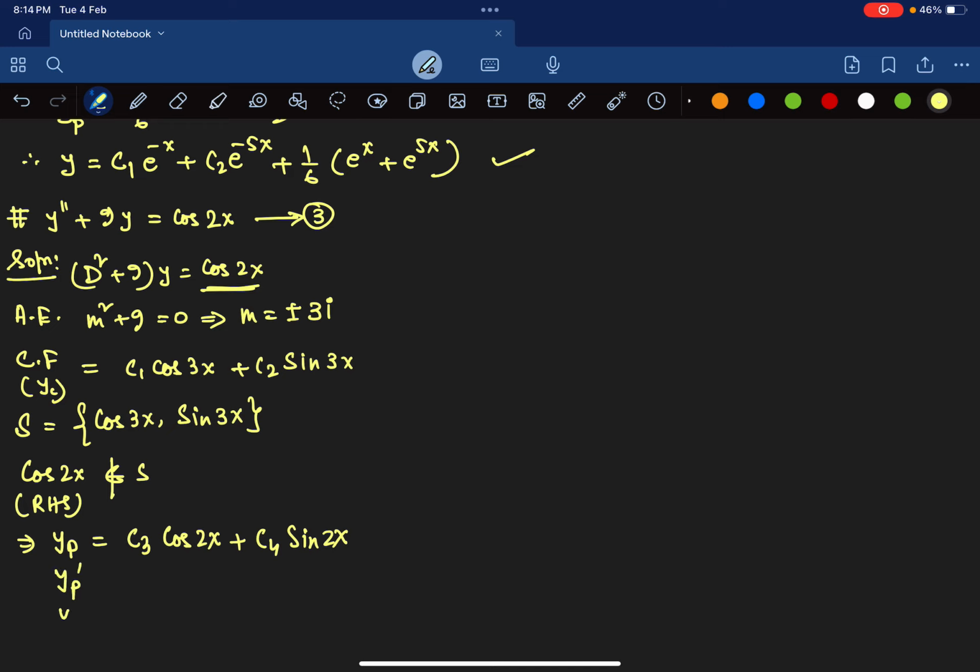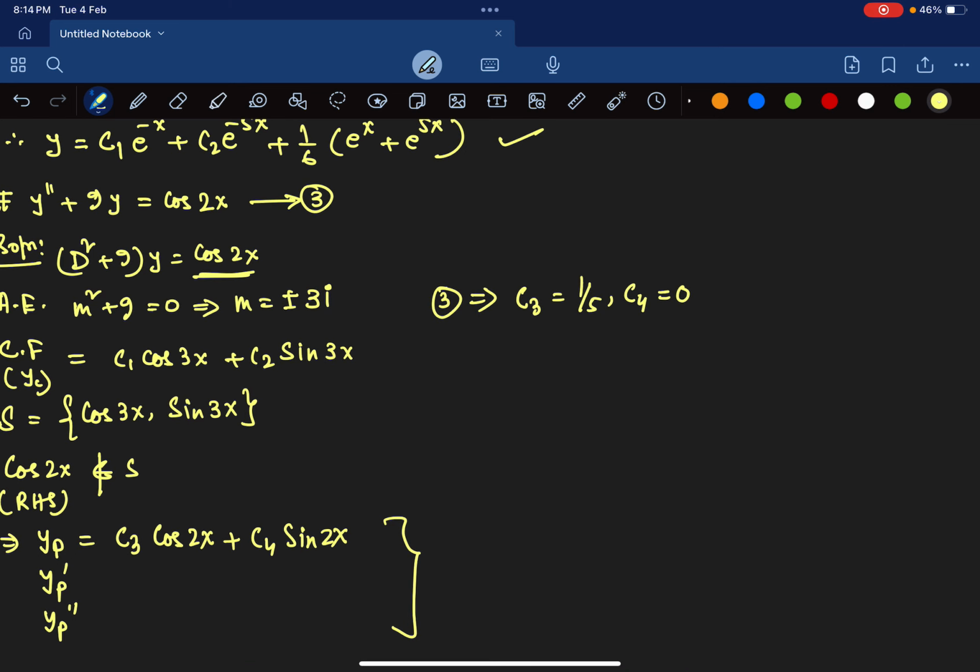Next, if you find yp dash and yp double dash and substitute all these in the main equation, equation number 3, it will give you c3 and c4. Let me write down the final: c3 is equal to 1 by 5 and c4 you must get as 0. So yp is going to be 1 by 3 cos 2x.